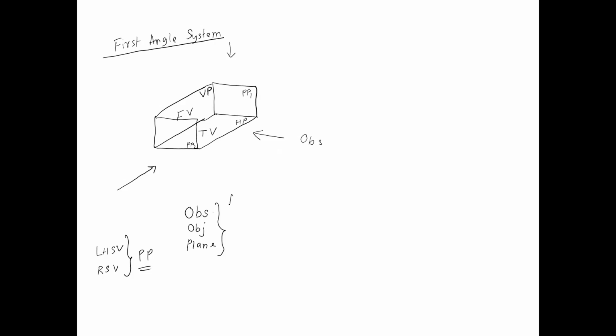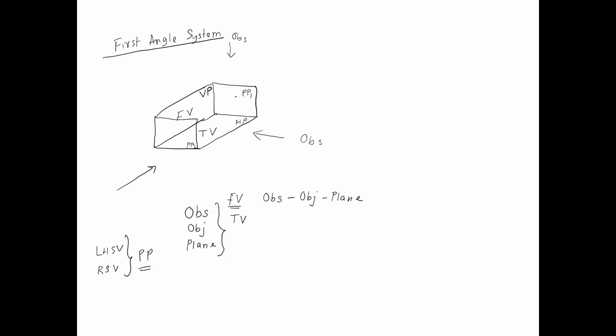So when I am drawing the front view, observer comes first, followed by object, followed by plane of projection. So this is the sequence. Let me check whether this sequence is intact when we are drawing the top view. So when I am drawing the top view, observer is here at a theoretically infinite distance from the object, at the top of the object.